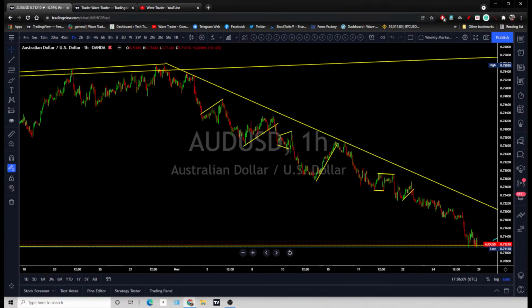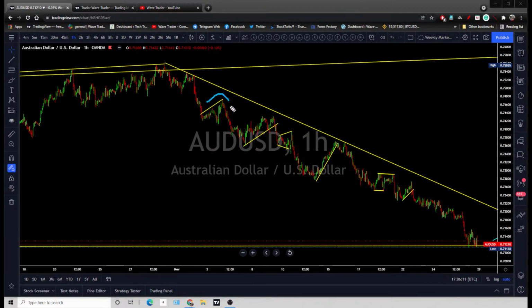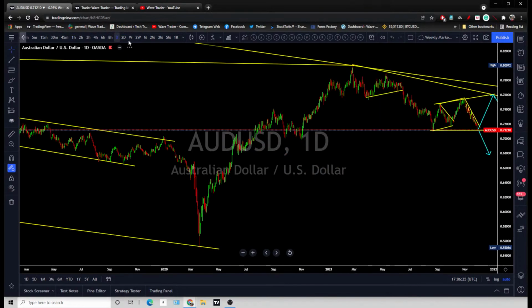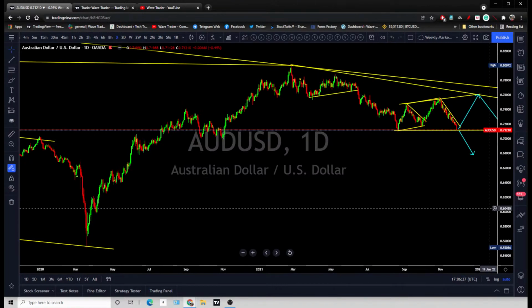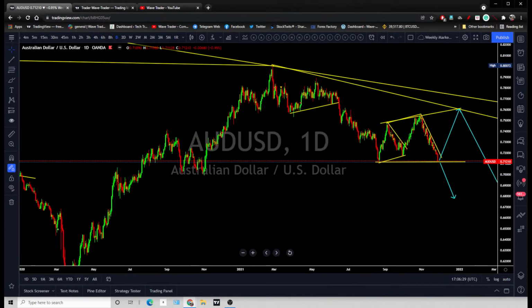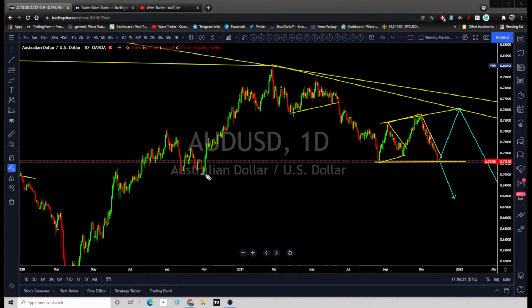Because we were expecting all these corrections to break down, and the recent one was that, and this correction, so all these have gone very nicely back to that previous low. What we may still see is that the Australian dollar can drag lower up to this previous low.